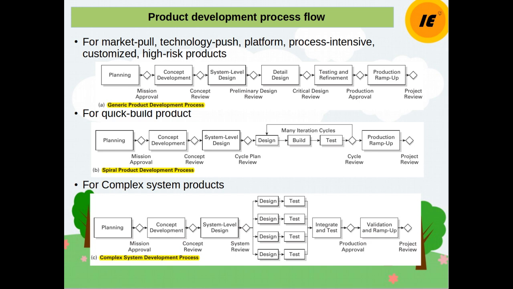And then there is of course integrate and test, which is also a very important part. And then of course the usual thing, validation and ramp up, or production ramp up, whatever you want to say.